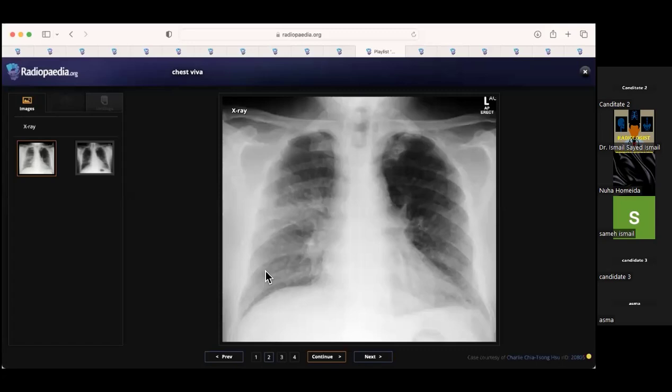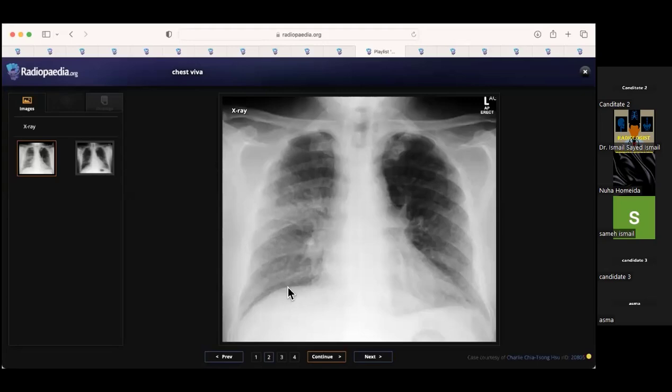Okay. With a history of heart failure, I'm thinking about pulmonary edema. I think it would also be bilateral. It's usually bilateral, but this is a case of unilateral pulmonary edema in heart failure. So these are interstitial changes within one side.